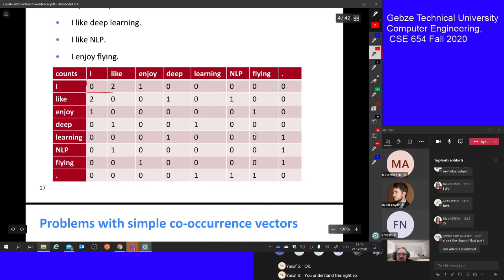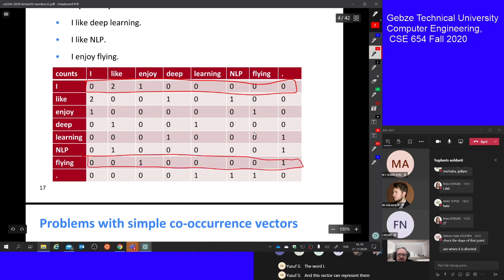So this vector can represent the word I, and this vector can represent the word flying in this very small data set. Previously we have been doing this. Of course our vectors were 40,000 or 100,000 dimensional, but this is a very simple example.